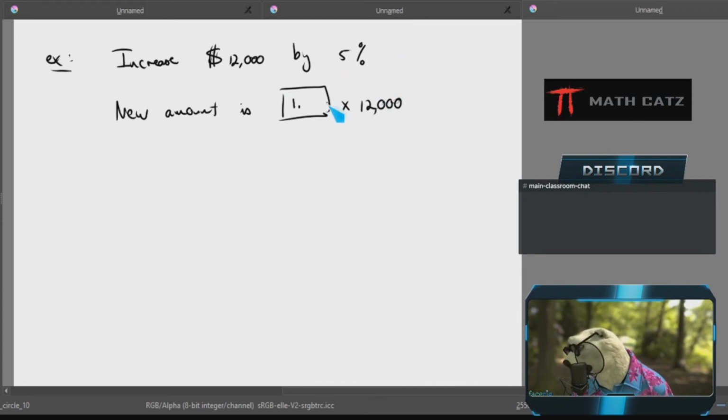On top of that, I get 5%. What is the decimal version of 5%? 0.05. And then I can calculate that. I didn't even calculate the first one, did I? It wasn't important. 1.05 times 12,000.